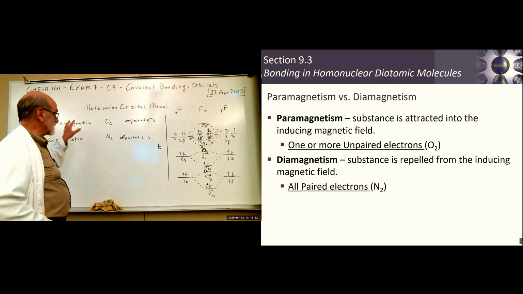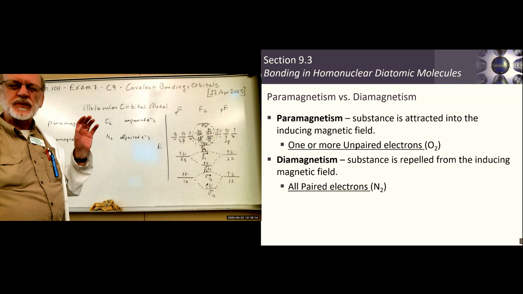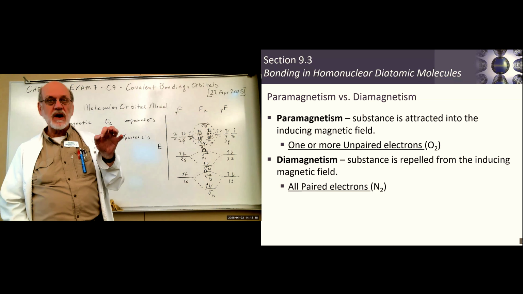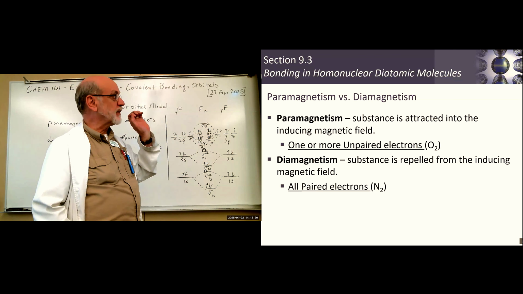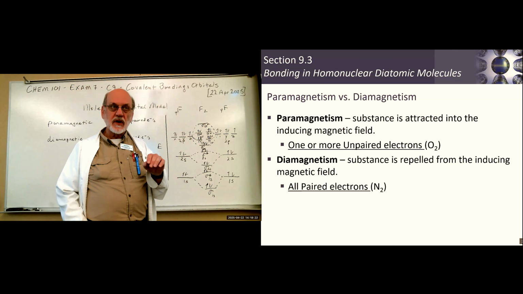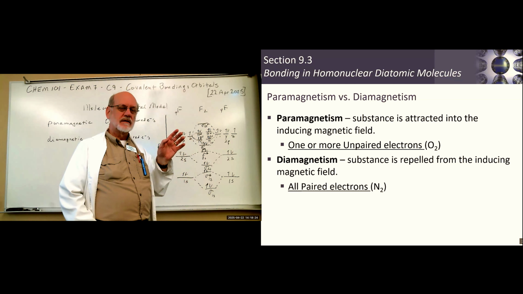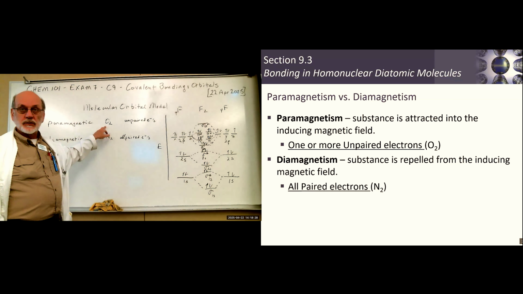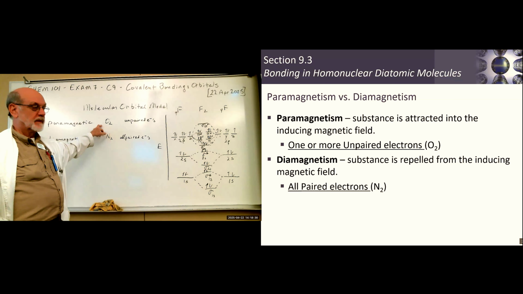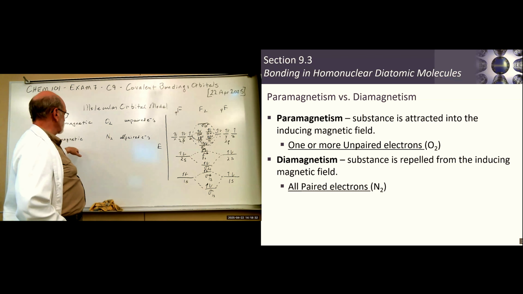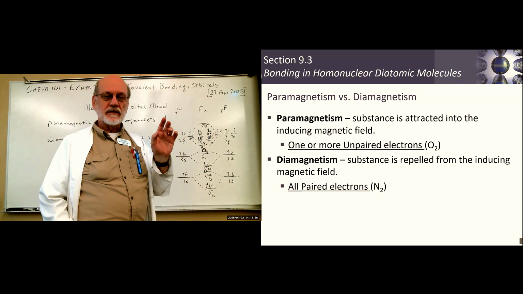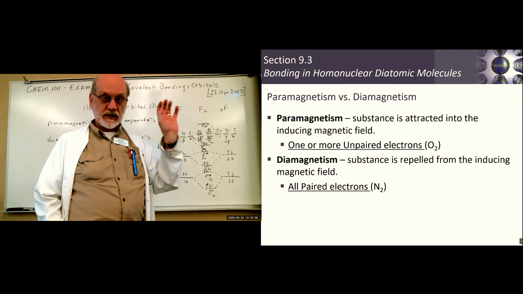The reason we bring this concept up is because the valence bond theory and localized electron model cannot explain it, because we would expect electrons for the oxygen molecule to be all paired. And that would say that oxygen should be diamagnetic, but it's not. It's paramagnetic. And the molecular orbital theory explains that.